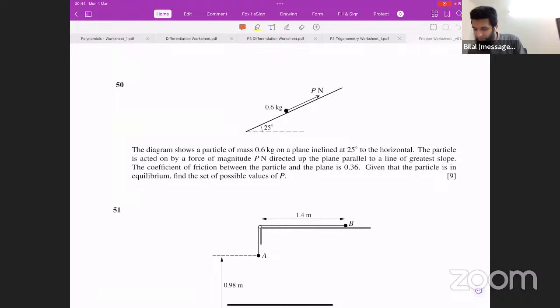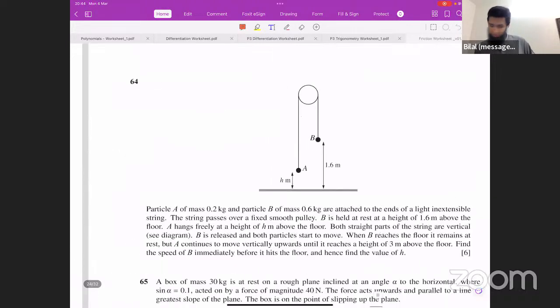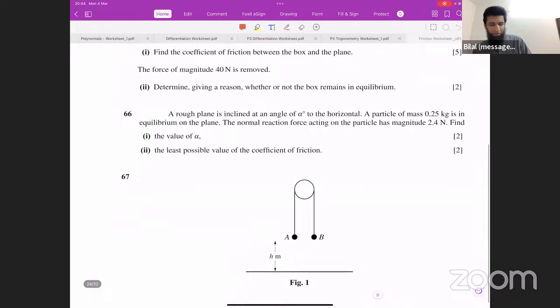And then you can also have a look at 66, perhaps. Yeah, this is also a good one. It also asks you for the least value of something, so it's similar to what we've just done.